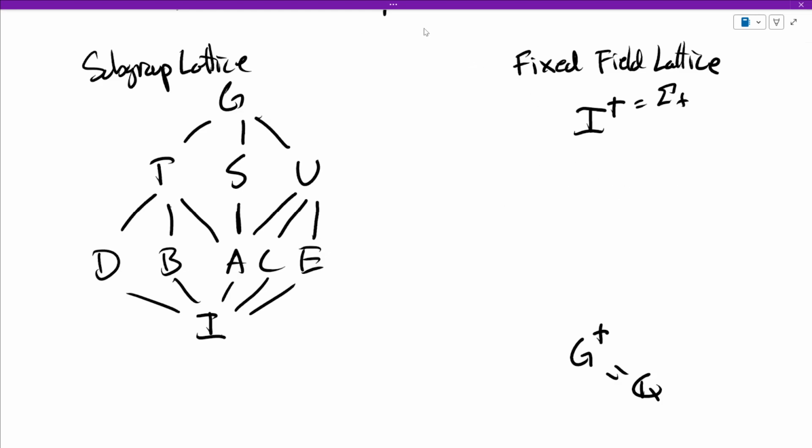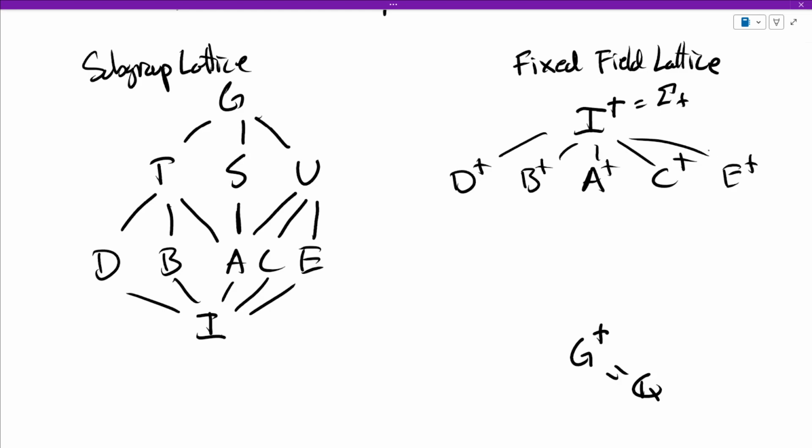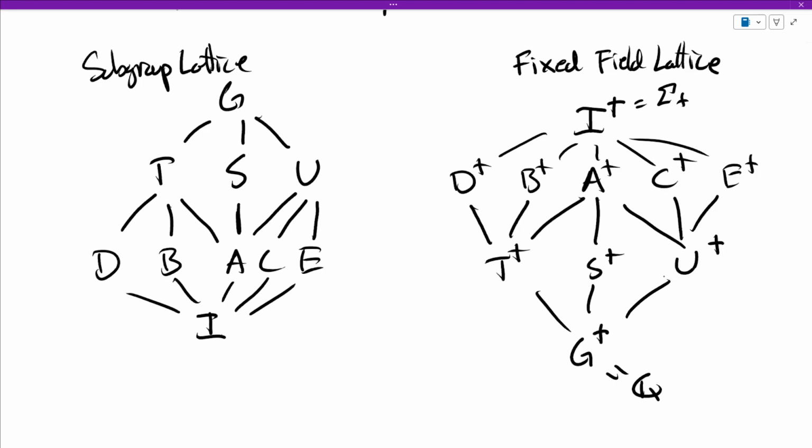I don't know why I'm trying to cram it. Right, so that gets reflected upwards. And then we'll put our T, S and U below that. D, B, and A all had lines going up to T, so T dagger is going to have lines going up to each of them, and same with the others. So there's our fixed field lattice, and we're going to now go in and find some of these intermediate fields.